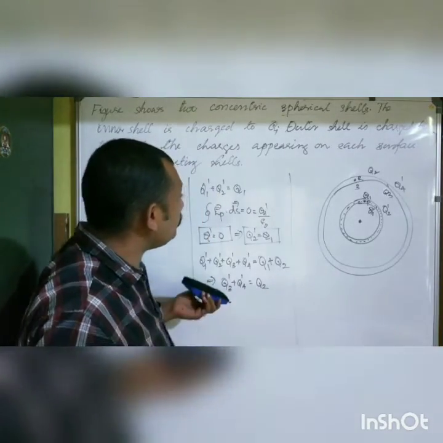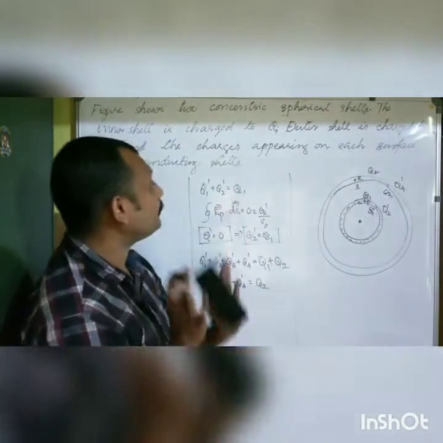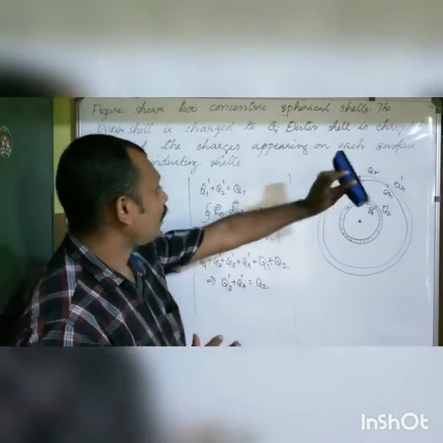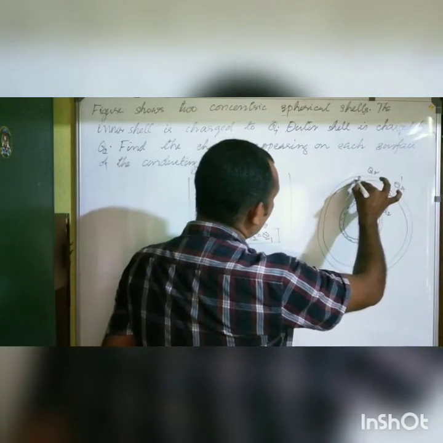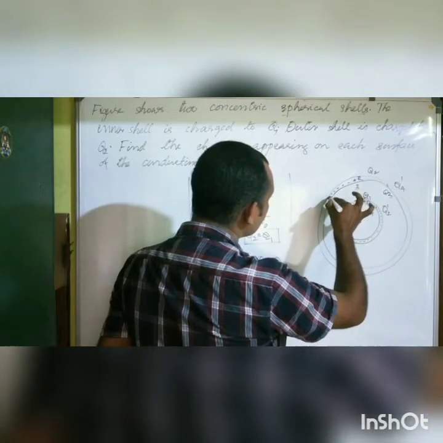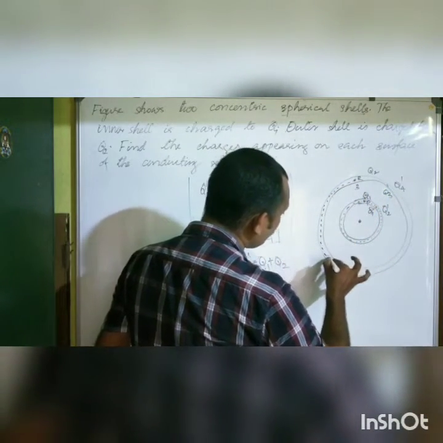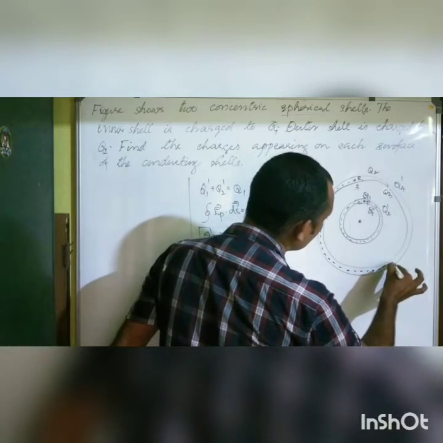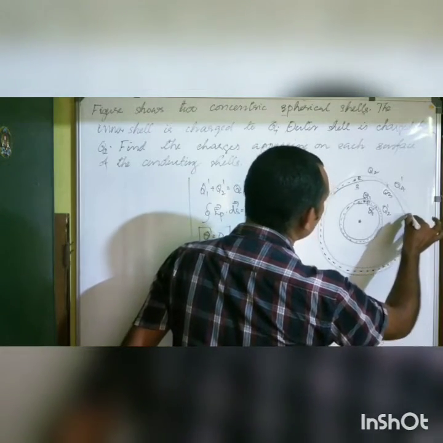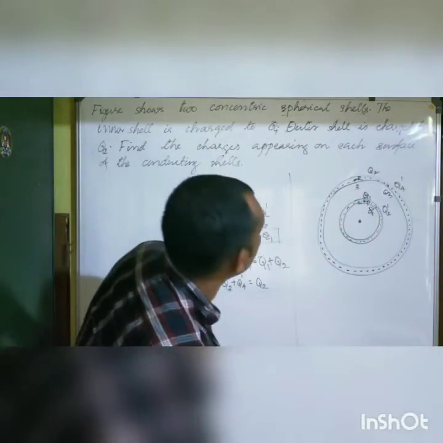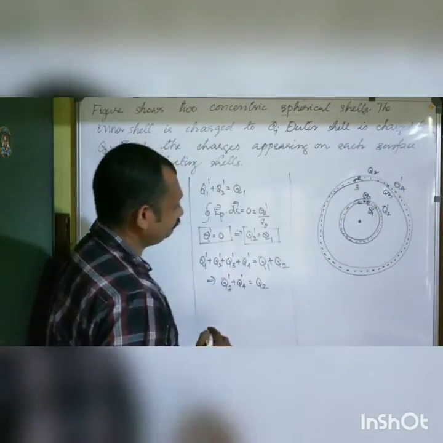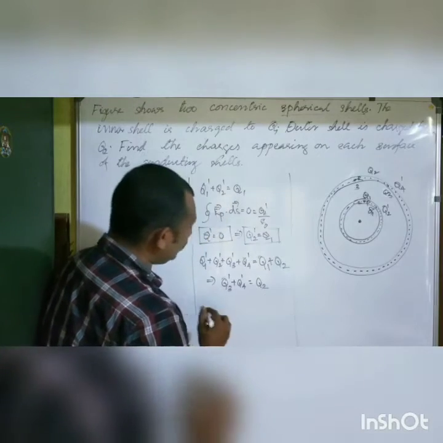Now what is our next step? As we did in both the problems discussed, I have to apply Gauss's law. For that I have to construct a Gaussian surface. After constructing the Gaussian surface, the next job is yours. Tell me.